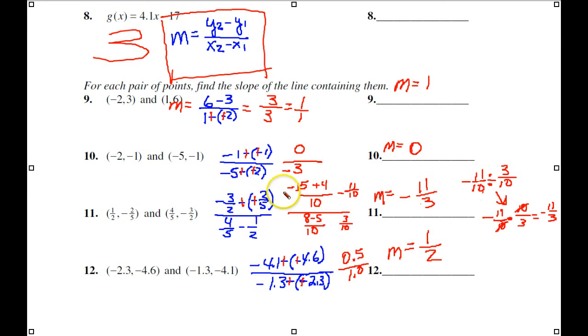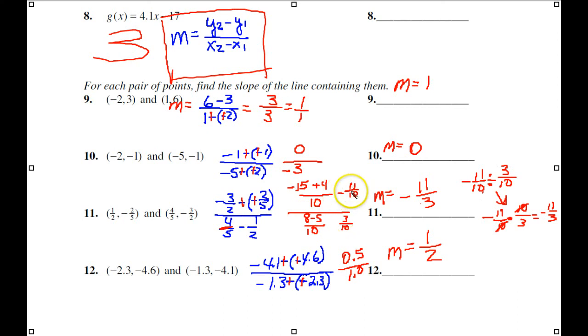And 5 times 2, or 2 times 5 is 10, so 2 times 2 is 4 over 10. And this becomes an 8/10, and that's just a regular, no negative there, minus 5/10. So this will give me 3/10.